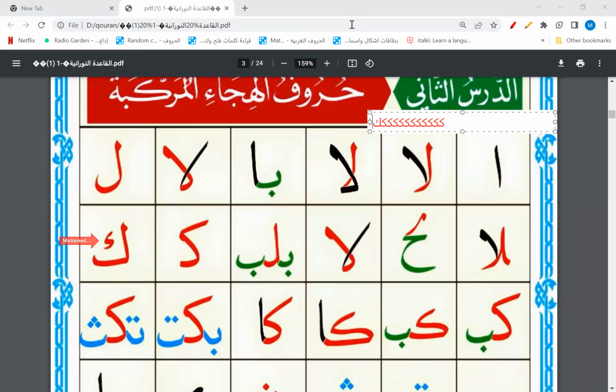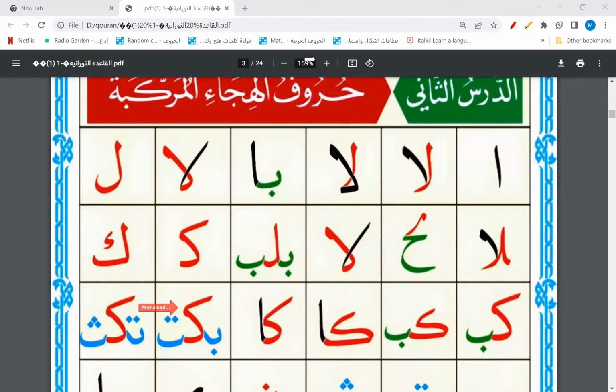All right. Now we're here. Three letters in here. Can you recognize them? Okay, one of them is ba, then ka, ta.